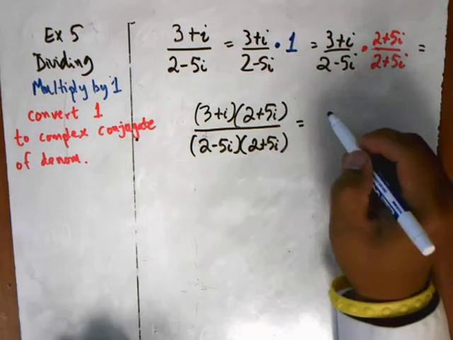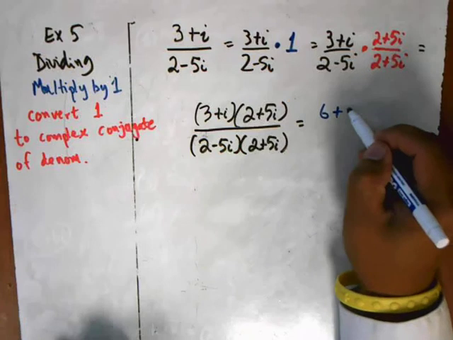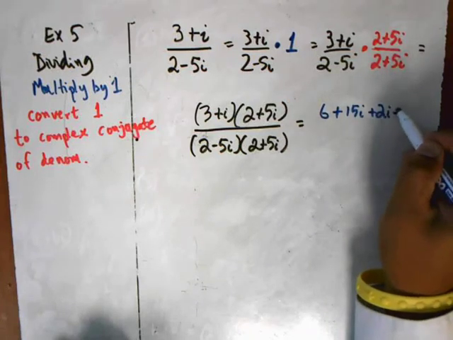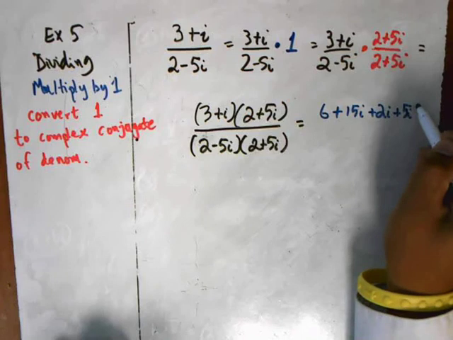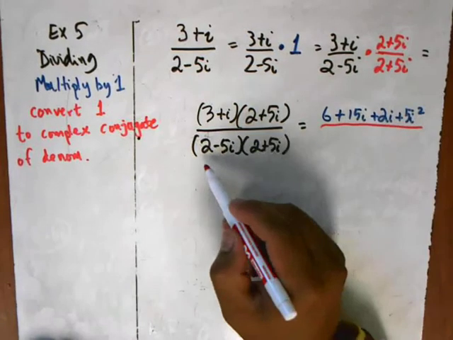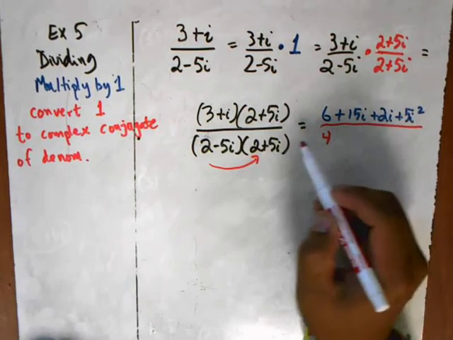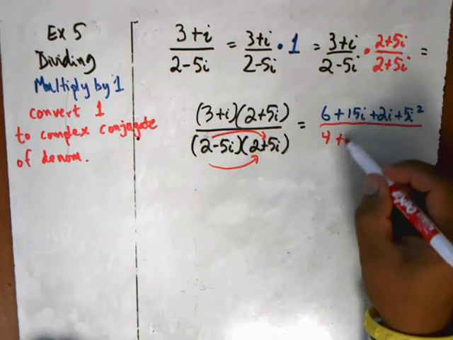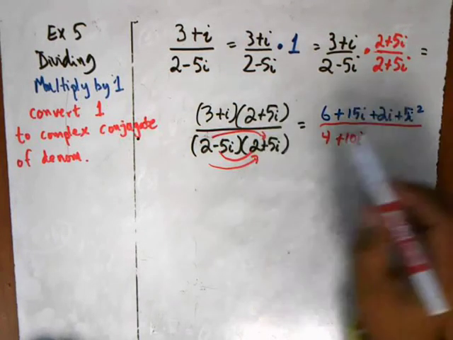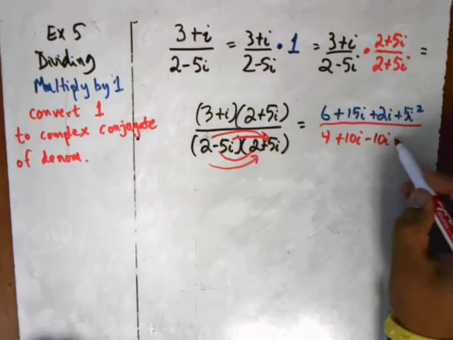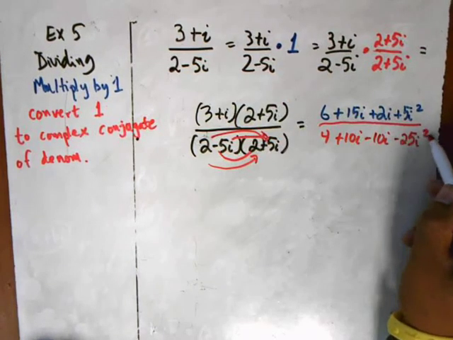On the top we've got 6 plus 15i plus 2i plus 5i squared. On the bottom we've got 4 plus 10i minus 10i, and then minus 25i squared.